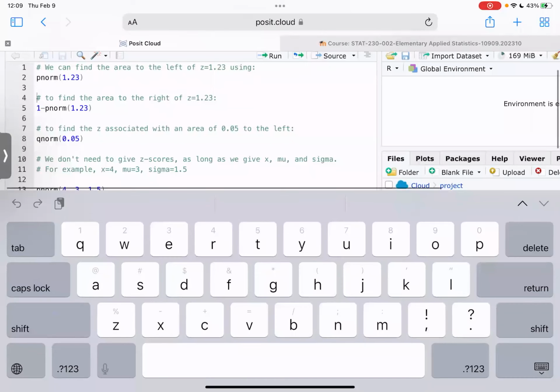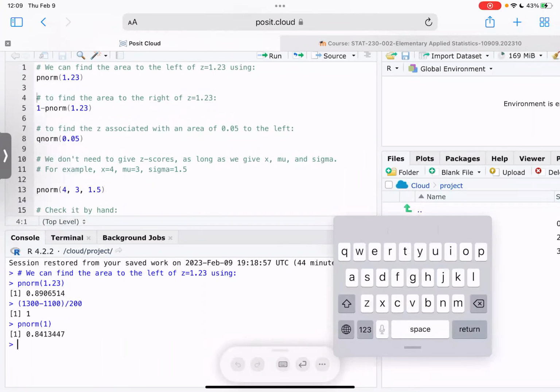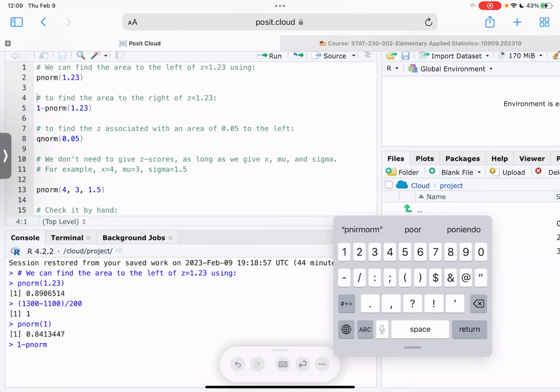Now I'm just going to do 1 minus pnorm of 1, return.